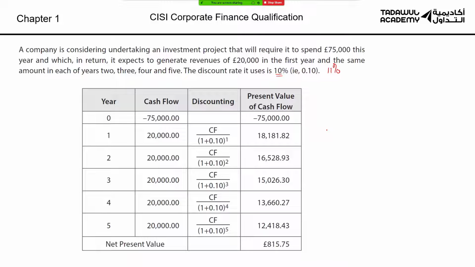I want to do the calculation based on this. So if the discount rate is 11%, the cash outflow the first year is going to be the same. The £20,000 cash inflow in the first year is going to be discounted by 11% instead of 10. So that's 20,000 divided by 1.11.